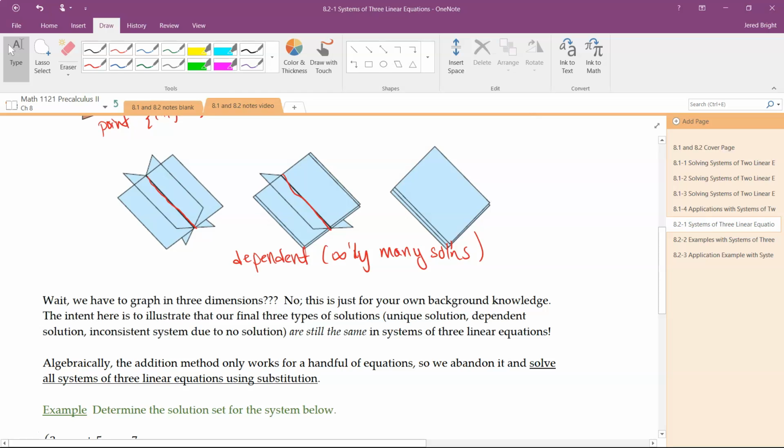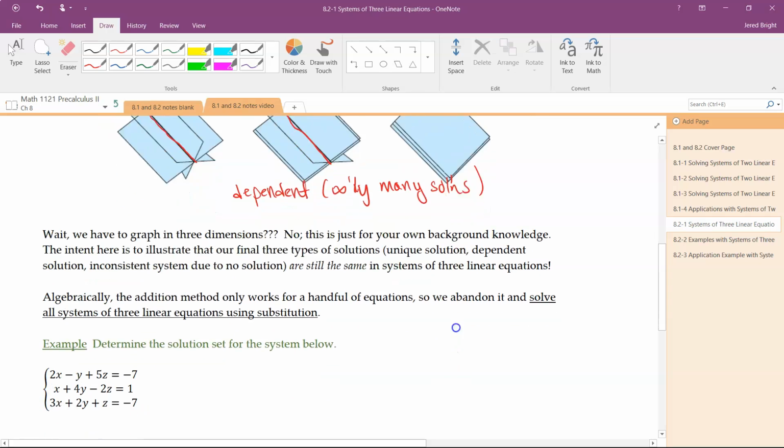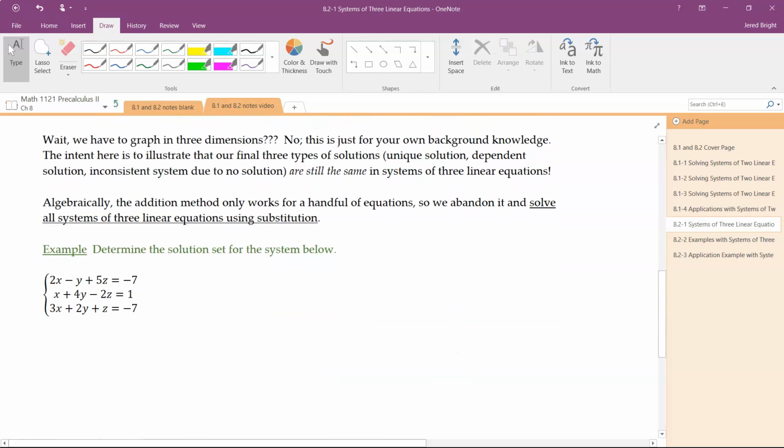And then with algebra, we actually can't use the elimination method, only because it gets a little wonky to work with, and so what we're going to resort to is just using the substitution method. I warn you, it can get a little tedious, and I just ask that you stick with it as best as you can. Okay, so here when we solve this system, we're only going to use the substitution method.